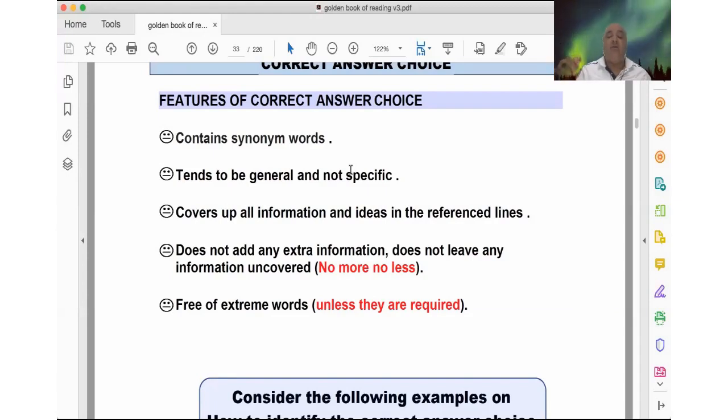No more: it doesn't add any extra information beyond what's in the referenced lines. No less: it doesn't leave any information uncovered.